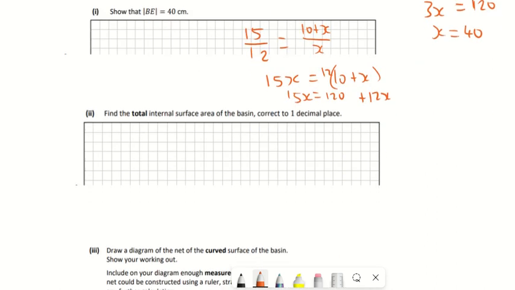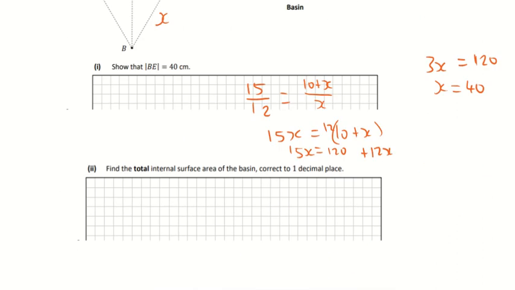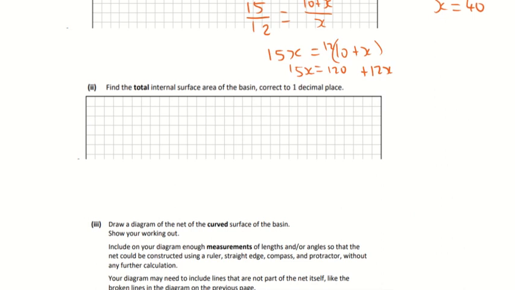Right, so the second part asks us for the total internal surface area. So they're cones, so we know it's going to be the pi r l formula. So pi r l, that's the curved surface area of a cone.